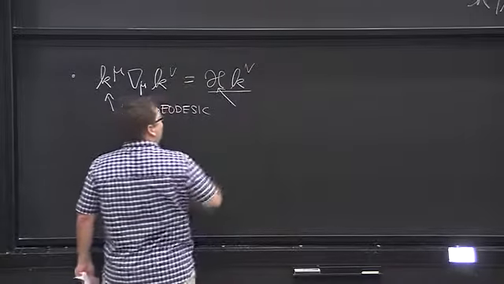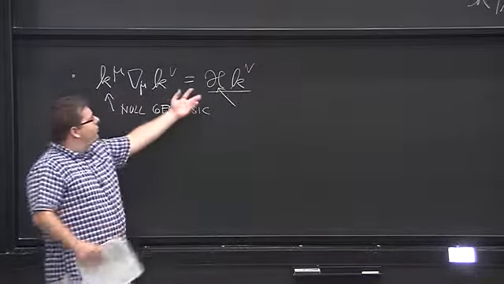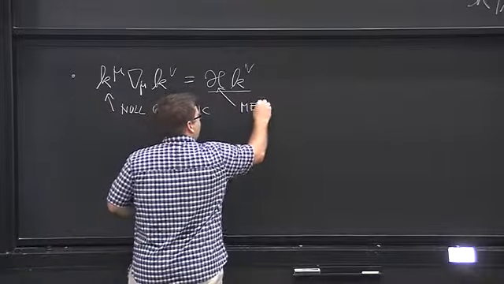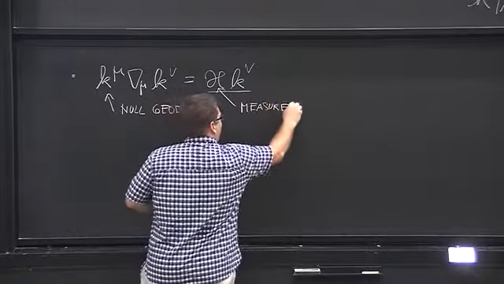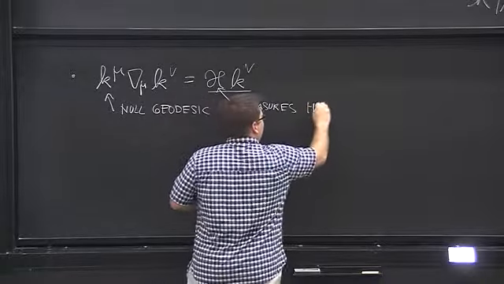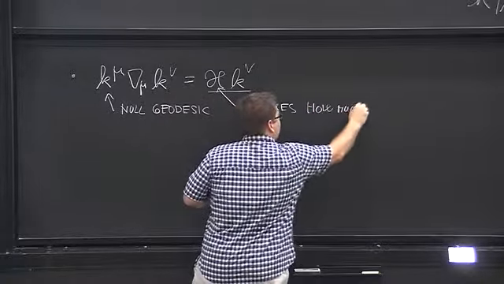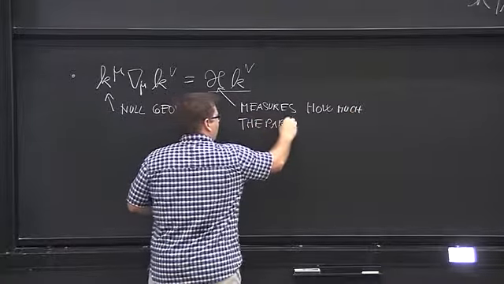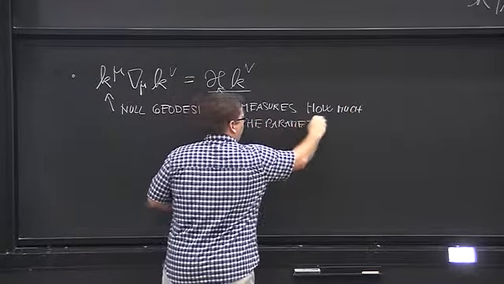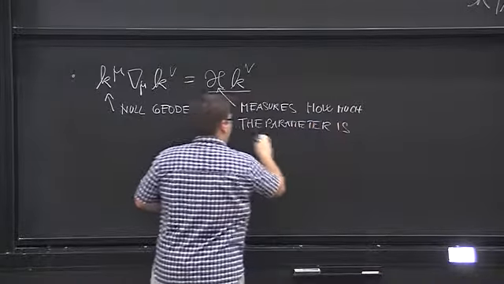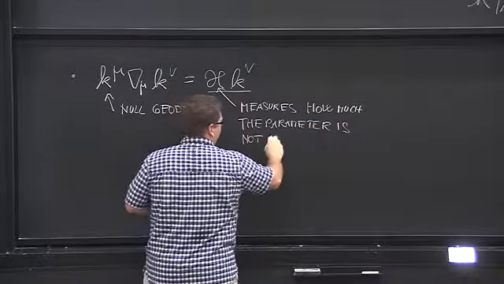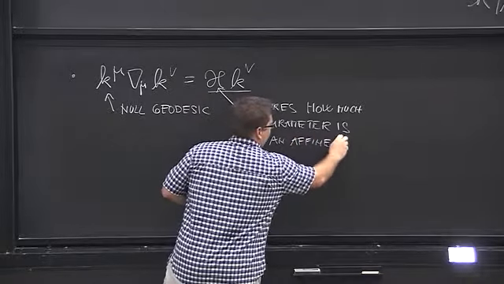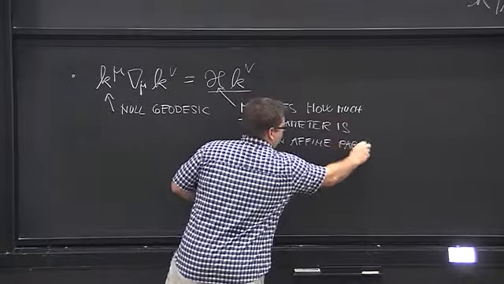And so this kappa, this is a definition of kappa here, measures how much the parameter is not an affine parameter for my geodesic.